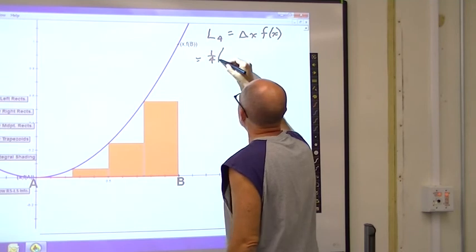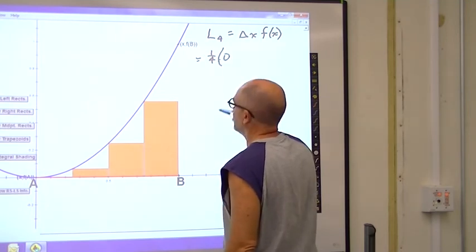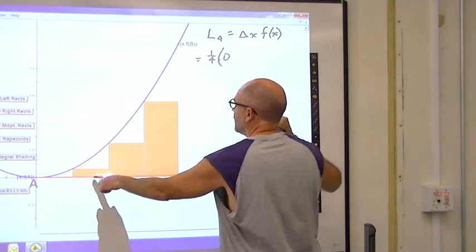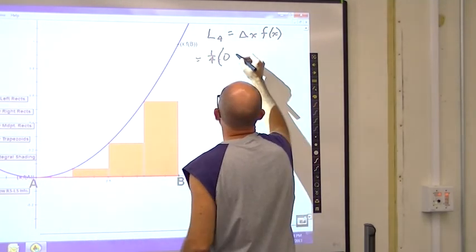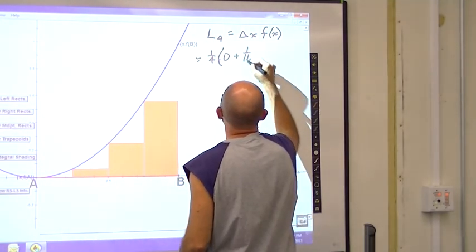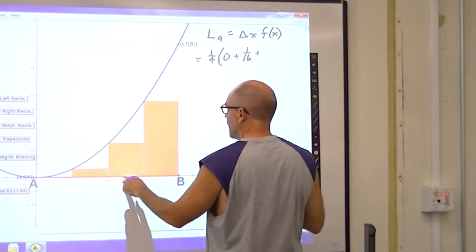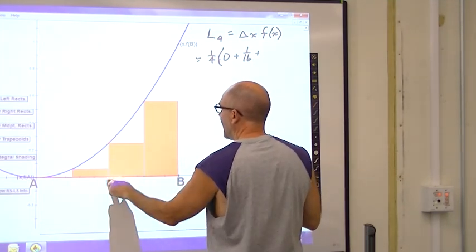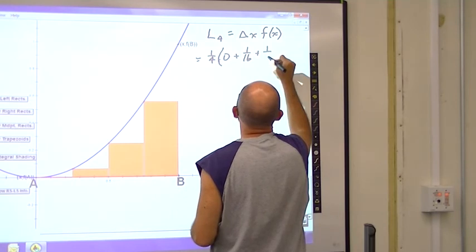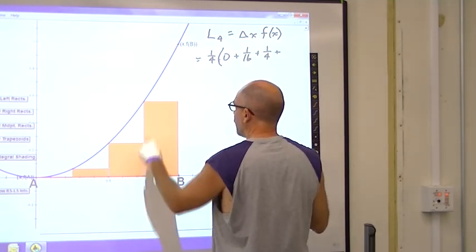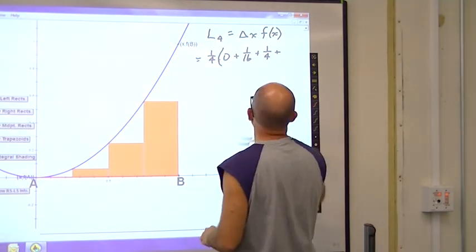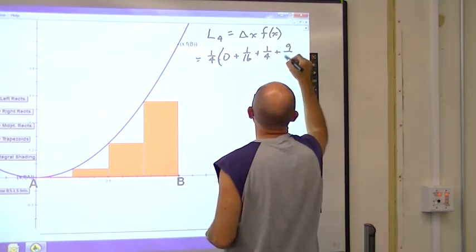Times, now what's the height of the first rectangle? 0. The height of the second rectangle, 1/4 squared, 1/16. The height of the third rectangle, 1/2 squared, is 1/4. And the height of the last rectangle, 3/4 squared, which is 9/16.